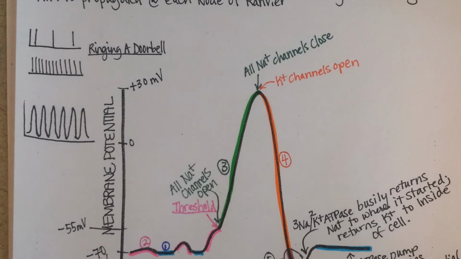So it can only go so fast. Or if the kid is pushing the bell 10 times, on the inside of the house you might still only hear ding dong, ding dong, ding dong. You might only hear it 3 times. So there's a limit to how quickly the action potentials can come together.